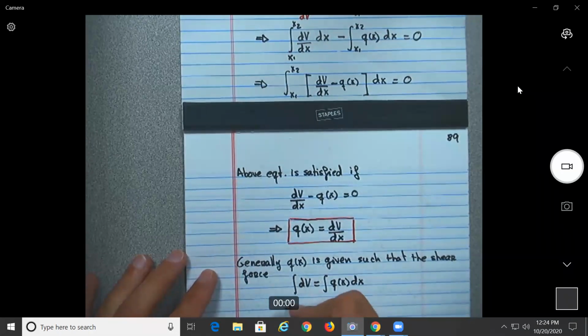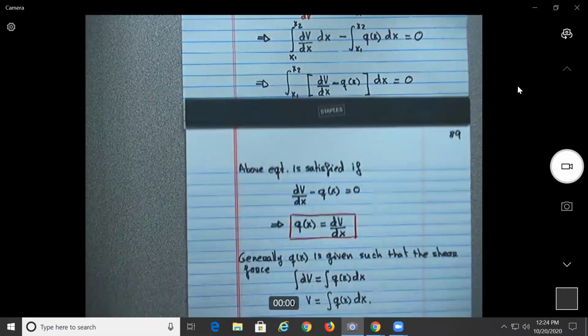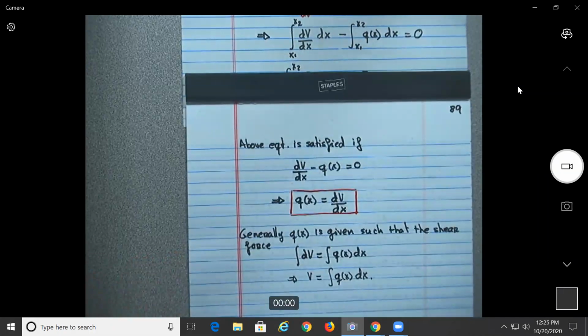Or, if you want, V will be equal to the integral of qx dx. So this is just for the summation of forces.